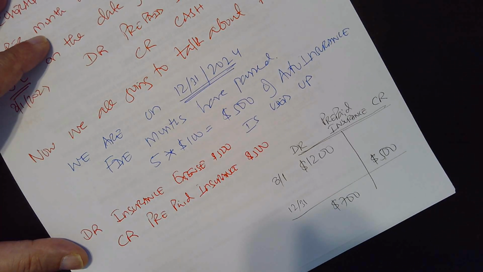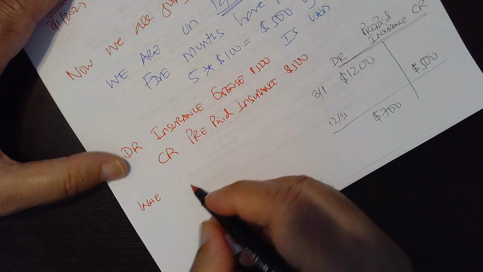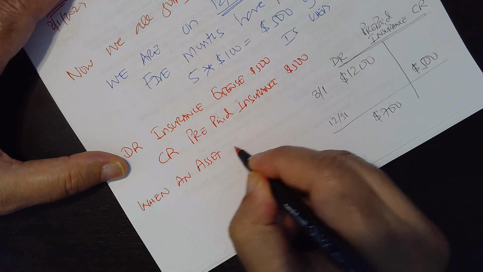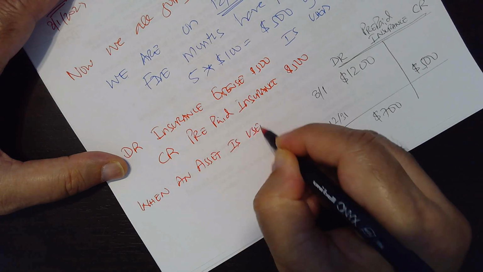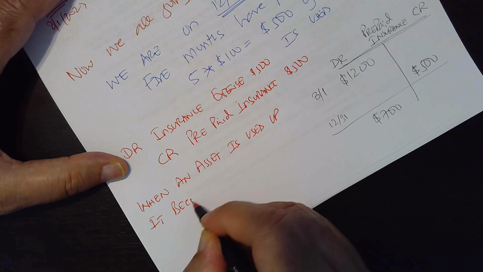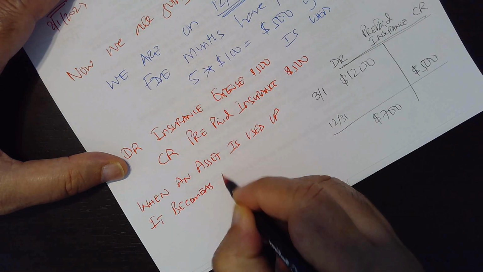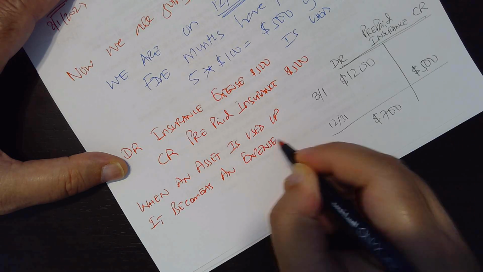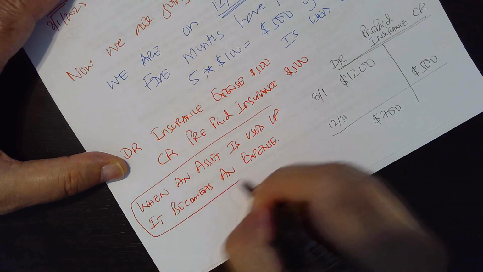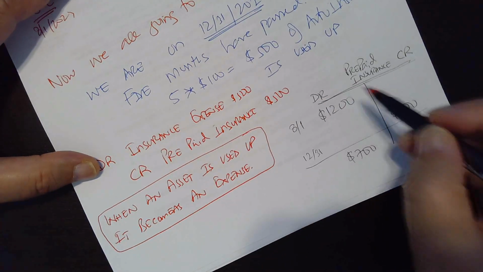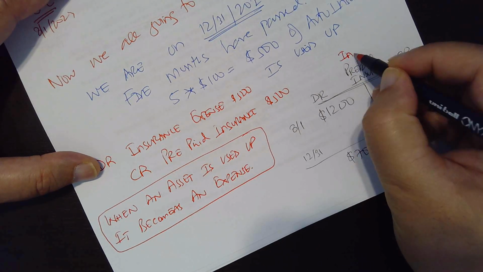When an asset is used up, it becomes an expense. I believe I talked about this in the last lecture as well. So prepaid insurance is an asset.